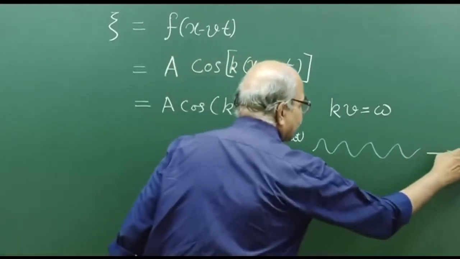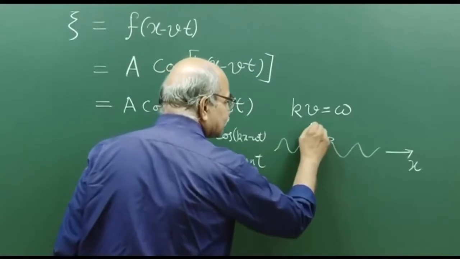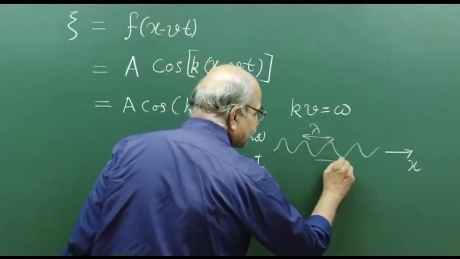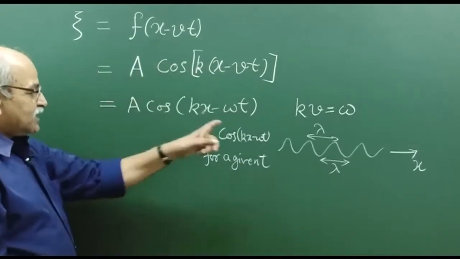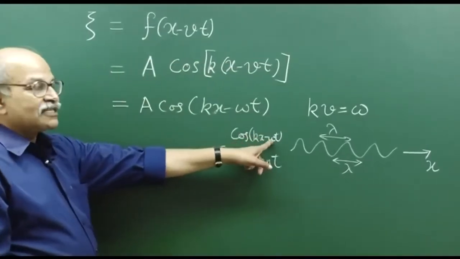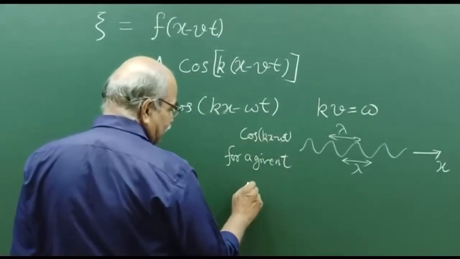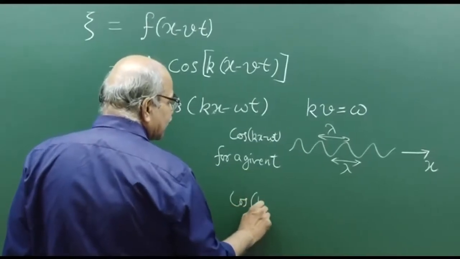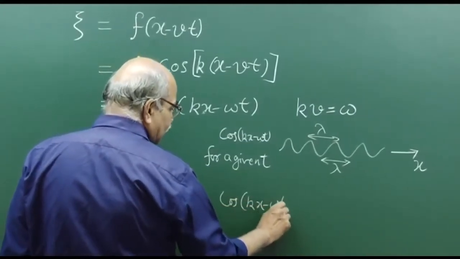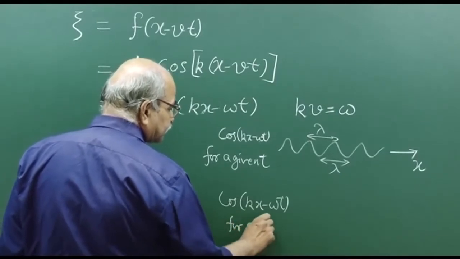and this side is now x, and this is wavelength, this is wavelength, and you fix x and see as a function of time, then also it oscillates, and that will be again a similar looking function cos kx minus omega t, and this time for a given x.